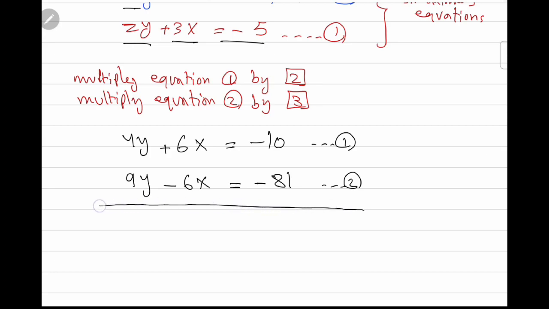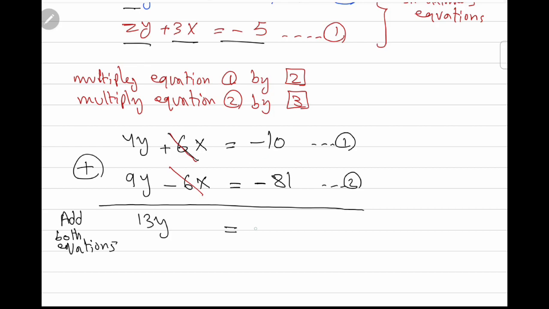So now what you can do is just add both equations together. If you add them together, you add each like term together. So 4y plus 9y is 13y. 6x minus 6x is 0. So we eliminated one of the variables to be able to solve for the other variable.